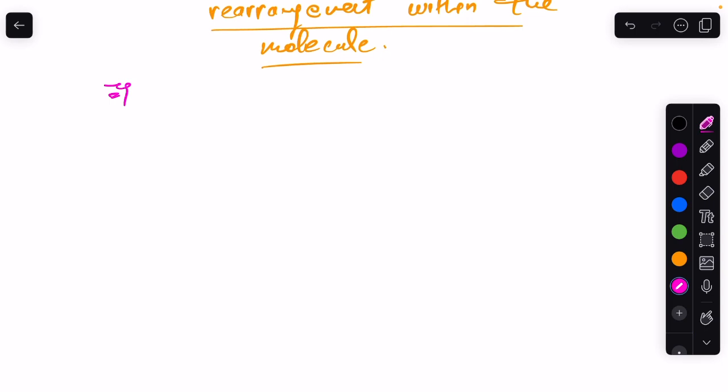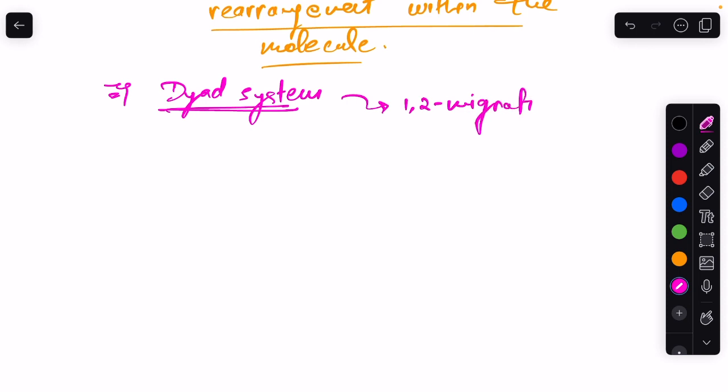First one, we have a diad system. A diad system is one in which there is involvement of 1,2 migration. The migration of a group or of an atom taking place from first carbon to the second carbon atom, or first atom to different atom.